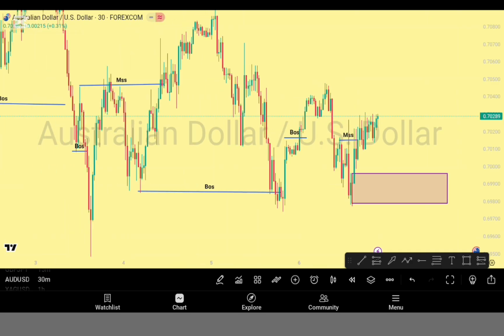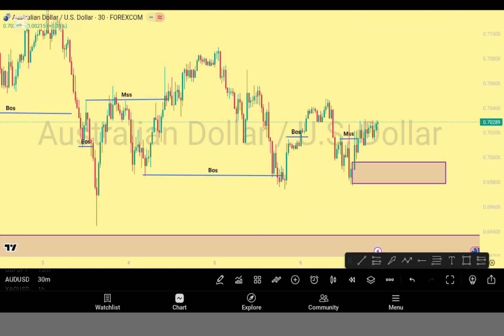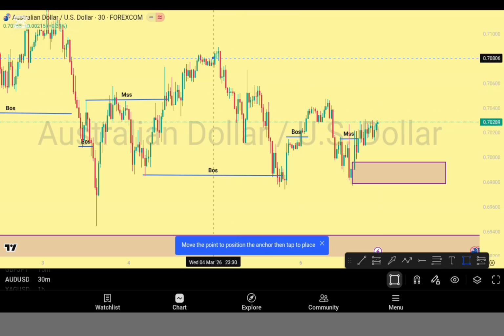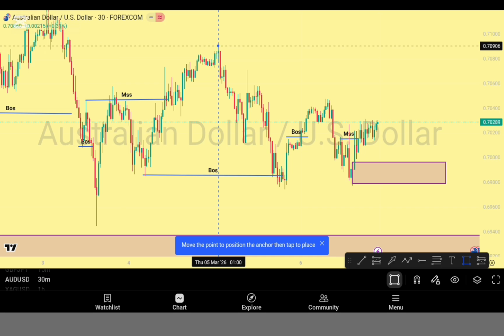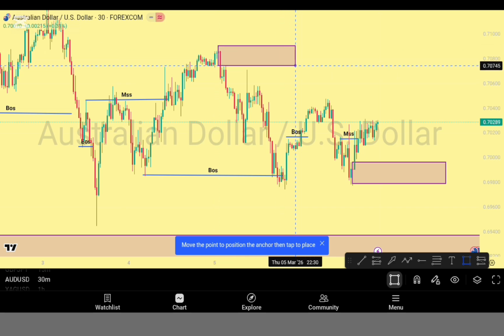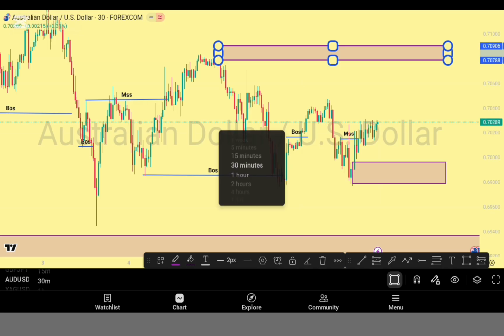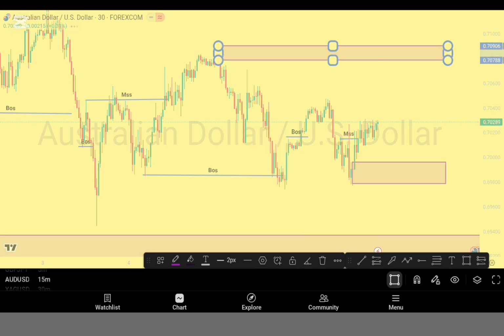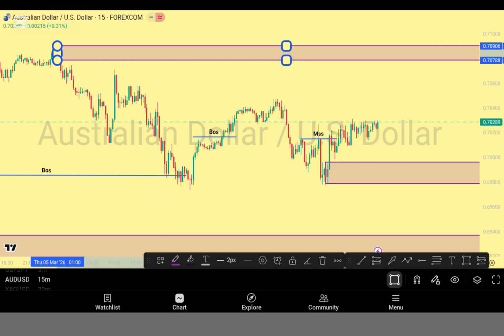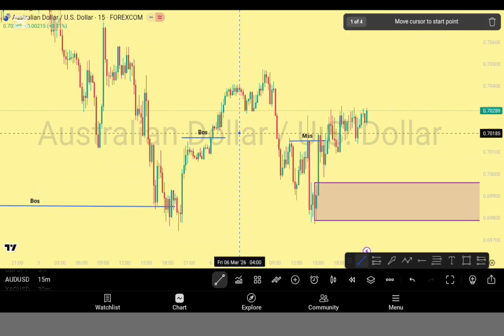So we have this zone to wait for price. I think that is the zone we're waiting for price. Go to 15 minutes. So in 15 minutes, you can see what I am waiting for.